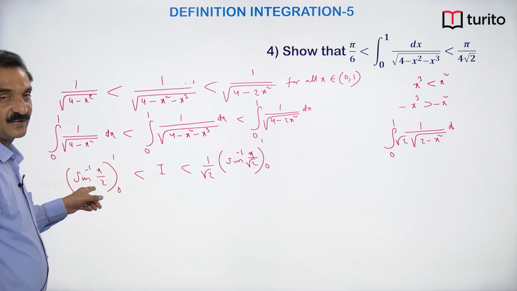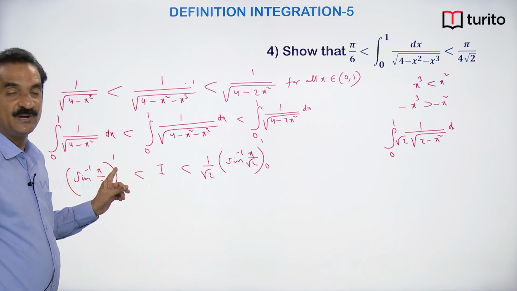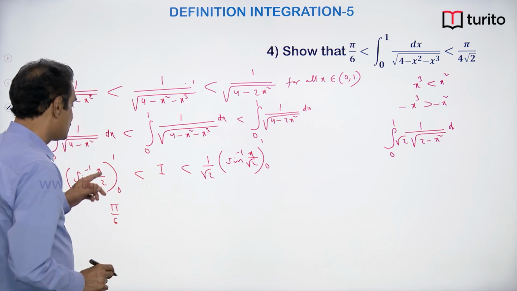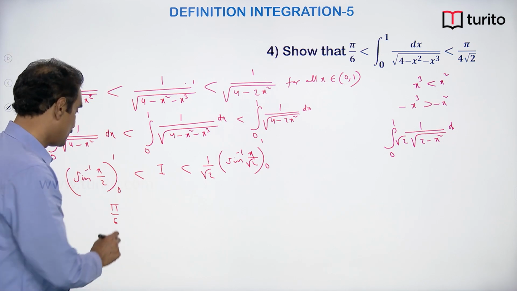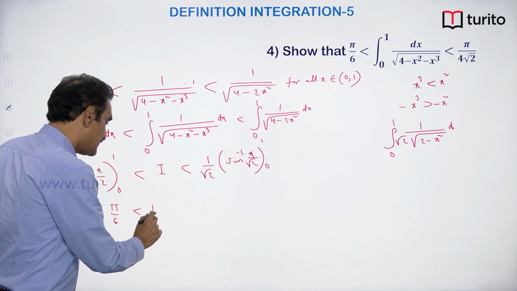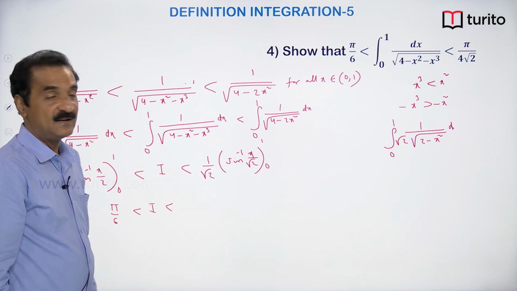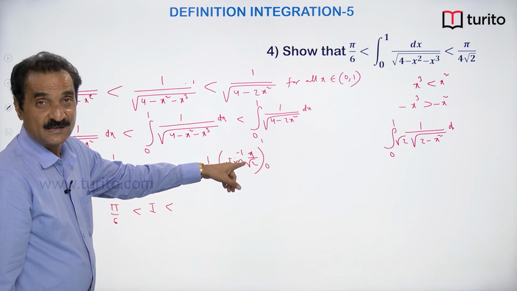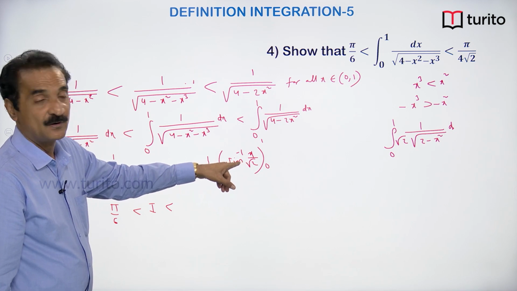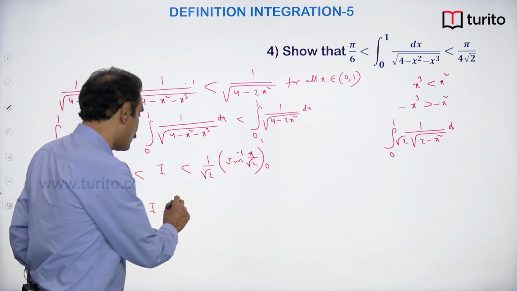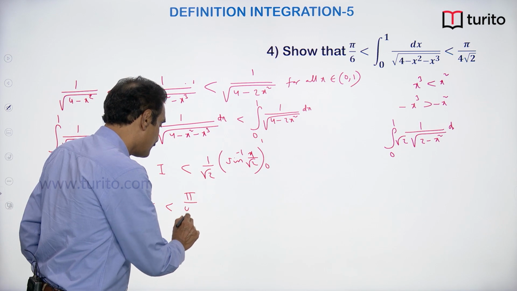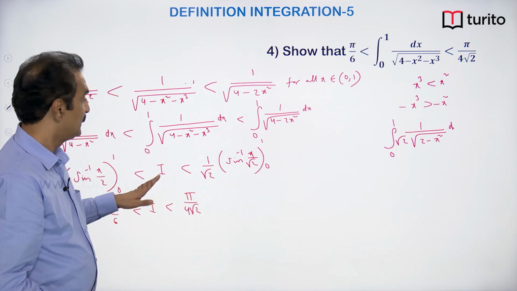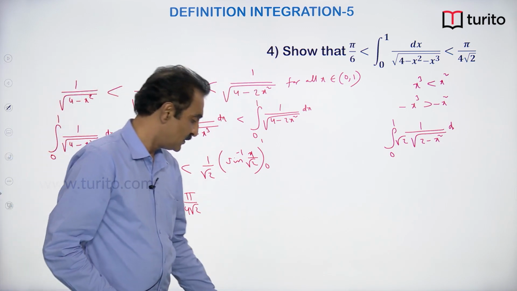Now substituting the limits, sin inverse 1 by 2 is pi by 6, sin inverse 0 is 0, so it is pi by 6 less than I less than 1 by root 2 into, substituting 1, sin inverse 1 by root 2 is pi by 4, so you will get pi by 4 root 2. Substituting 0, it will be 0. So that is proved.